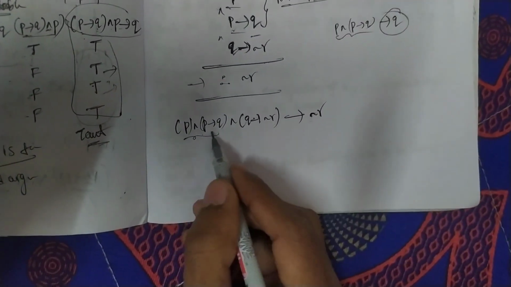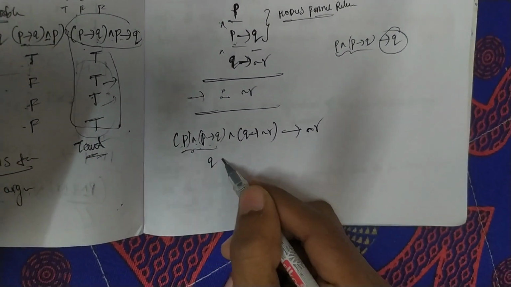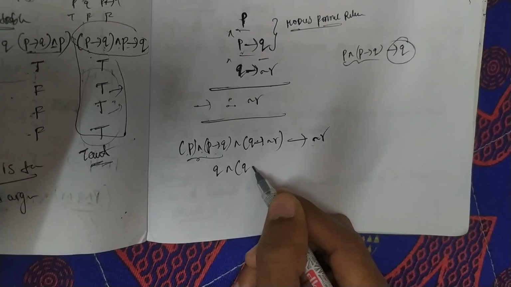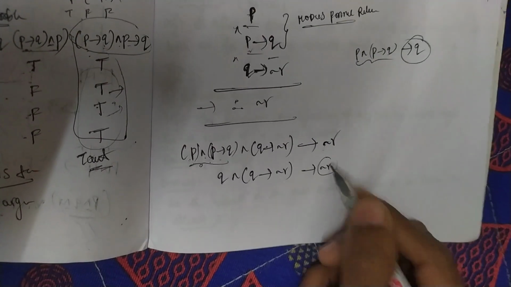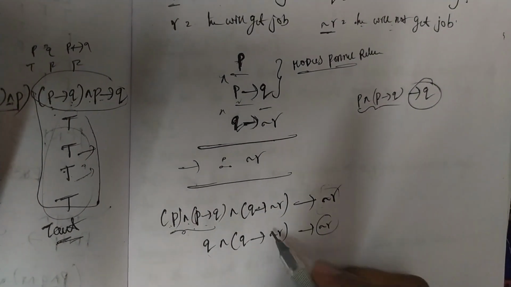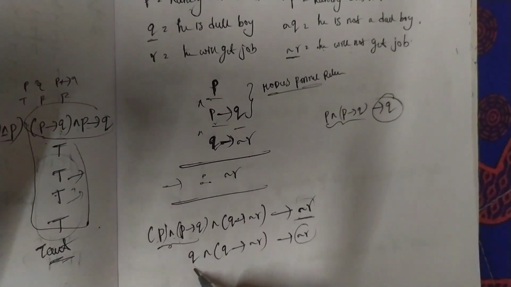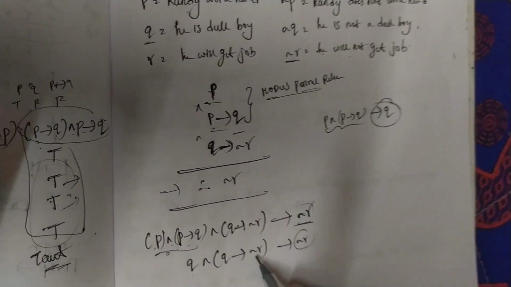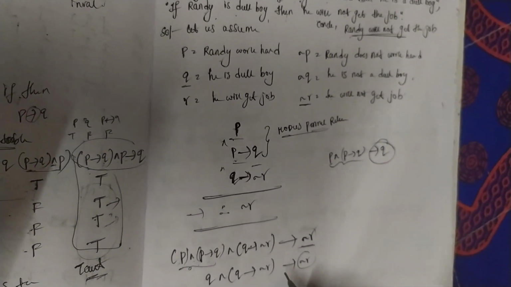So in the place of P and P implies Q we replace Q, and then Q implies negation R remains. We have to equate this to this. Here you can see Q is there and Q implies negation R is there.